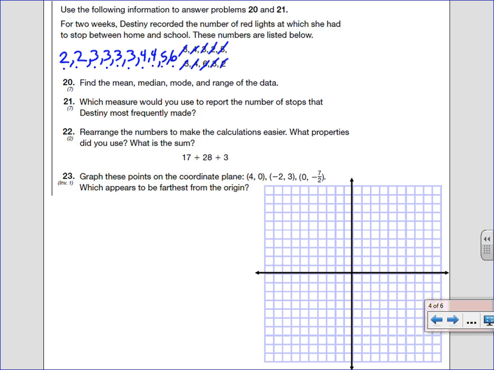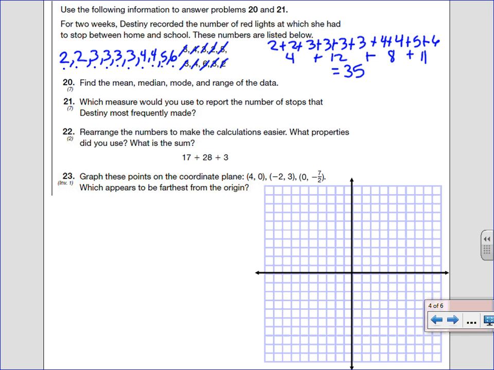So to find the mean, I'm going to add them all up and divide by how many there are. So I have 2 plus 2 plus 3 plus 3 plus 3 plus 3 plus 4 plus 4 plus 5 plus 6. 10 total numbers. 2 and 2 is 4. 4 3's is 12. 2 4's is 8. 5 and 6 is 11. 4 and 12 is 16, and 8 is 24, and 11 is 35.